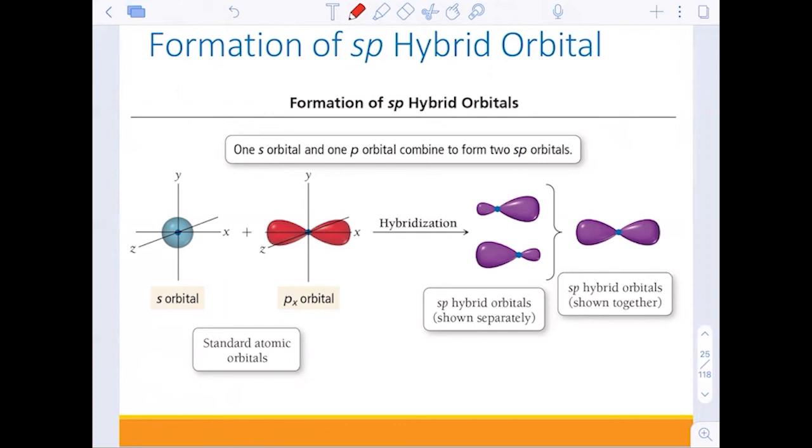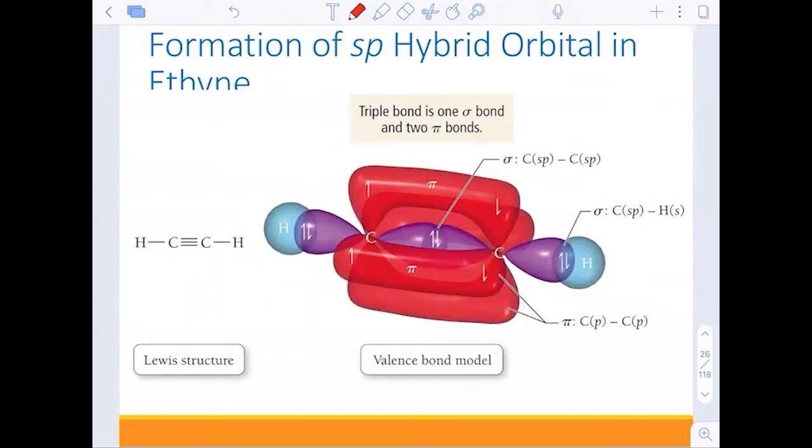So we're starting to look a little bit more lobey on that one side. But again, when they're put together, here's the central atom. I don't want you to think that this is a p orbital when they're put together. It's just that they have the 2 lobes 180 degrees from each other.